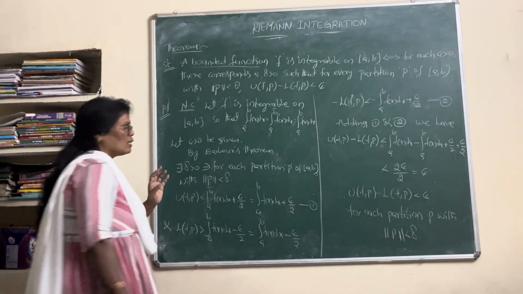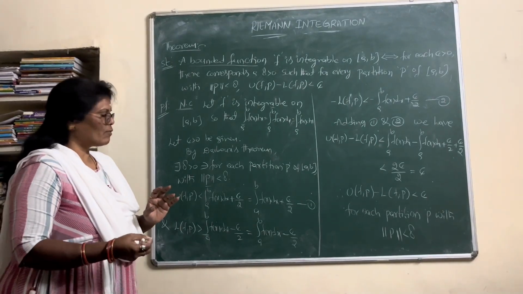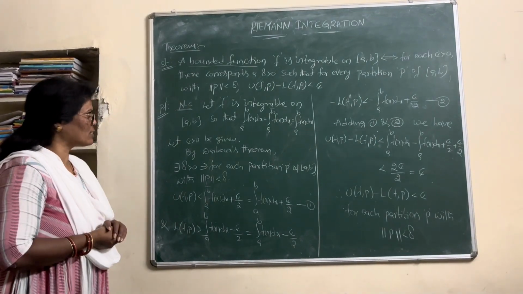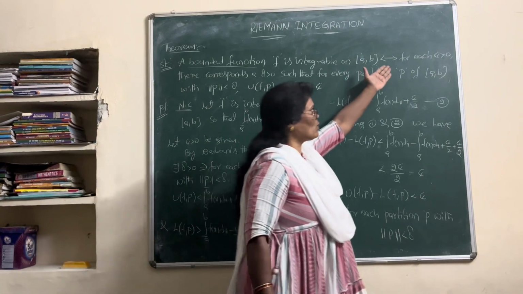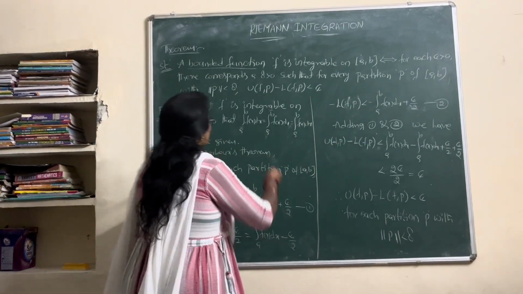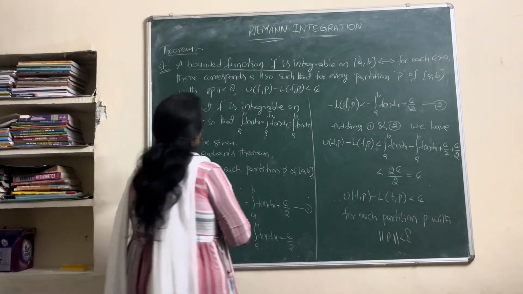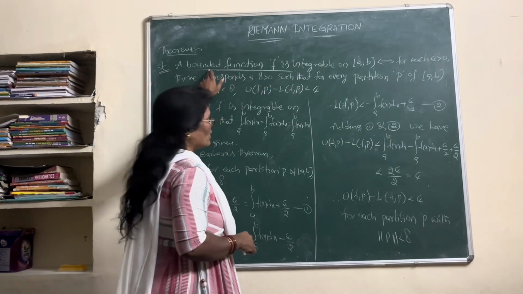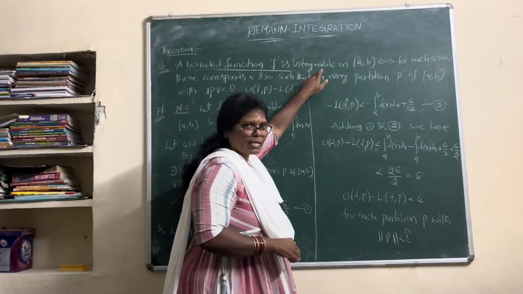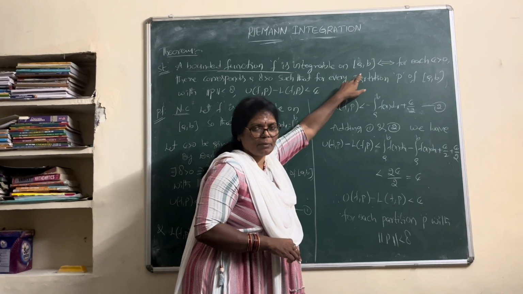So here we have the necessary condition as well as the sufficient condition, because the statement is an if and only if condition. In the first case, f is bounded as well as integrable on the interval [a, b].